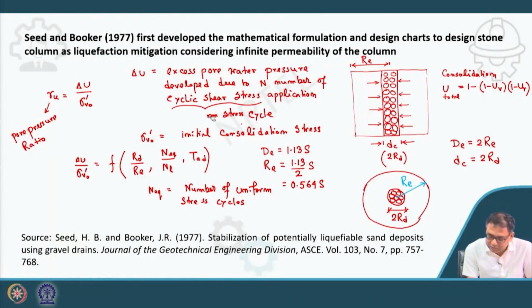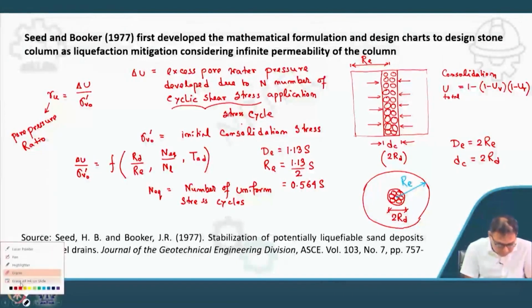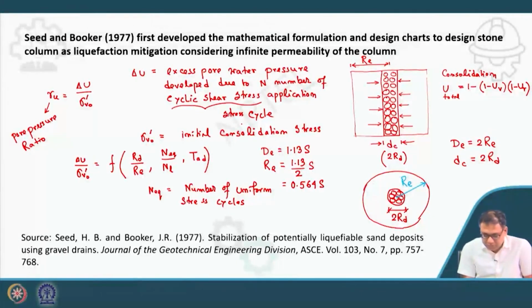This should be the stress cycle only. It is obviously uniform, but this is for any number of the excess pore pressure developed due to n number of stress cycle or application. Okay, so that is also uniform. You can write uniform. It's not an issue. So N equivalent is the number of uniform stress cycle.